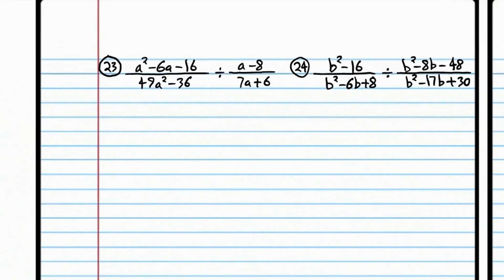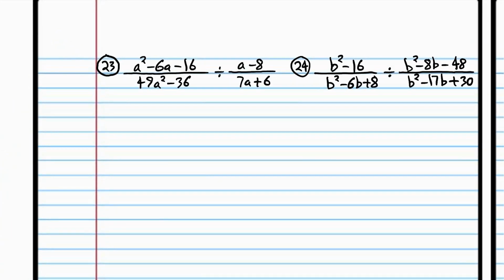All right, on to 23. Try number 23, and when you're done, we'll do it together. All right, we're back. Whoops. Before I do that, I gotta do the first step. So we flip the divisor and change to multiplication.